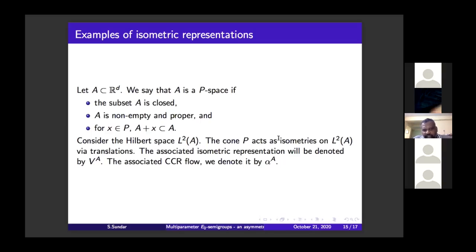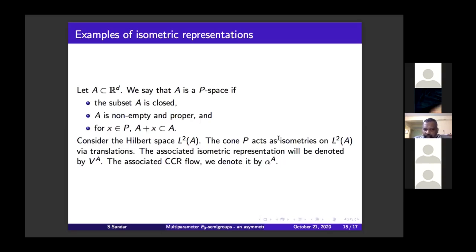So because A is invariant under translation, if you look at the Hilbert space L2 of A, the cone will act as isometries on L2 of A by translations. Because A is invariant under shift, for each element X in P you get a shift operator Vx on L2 of A, and that gives rise to an isometric representation.